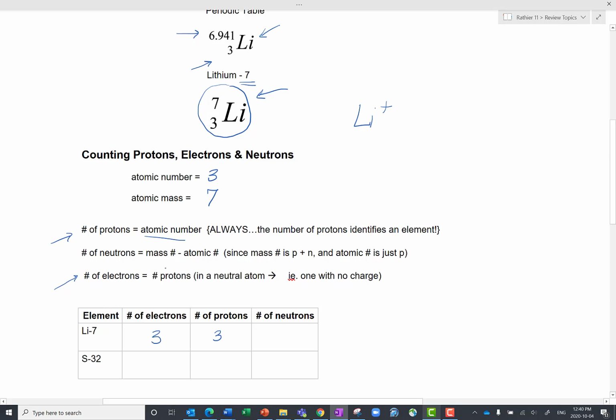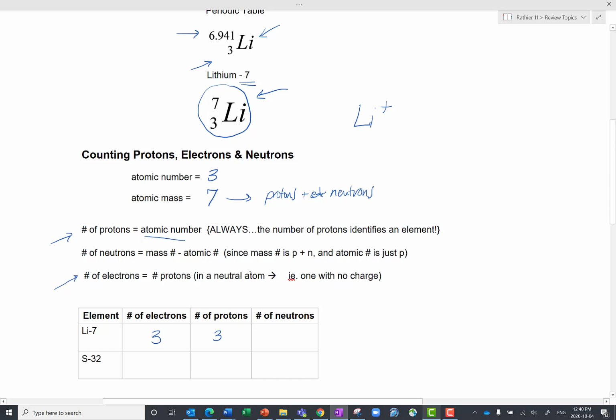Now the last piece is the number of neutrons. So we mentioned earlier that the atomic mass is really the protons and the neutrons that are contributing to it, right? The electrons don't really contribute to the atomic mass because they are so light relative to the protons and the neutrons.